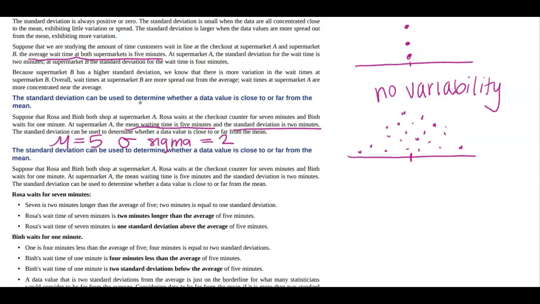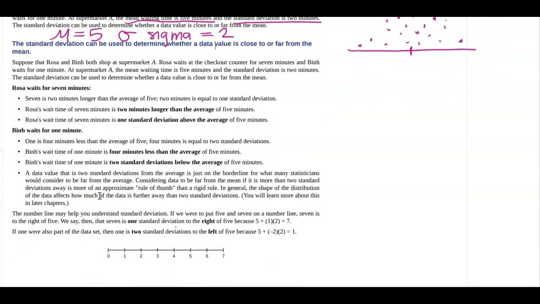Here is a breakdown of this situation in words. If Rosa waits for 2 minutes longer than the average of 5, then her 7 minutes is 1 standard deviation above the mean. Think about that on a number line. This is 1 standard deviation above the mean, and this is Rosa's wait time here.